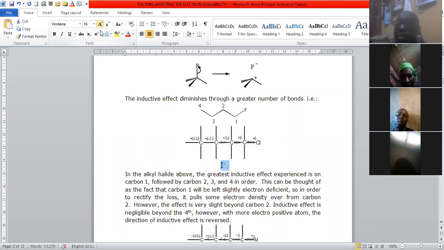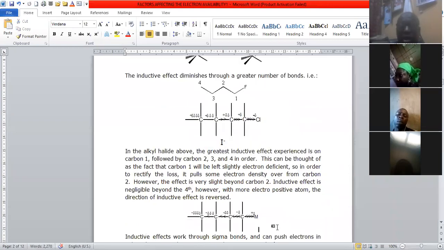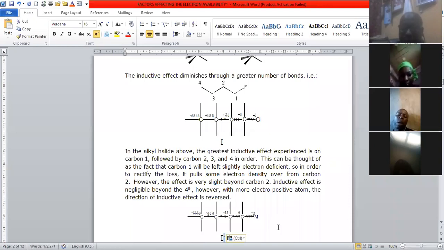I hope you can see it. So anywhere you see an I with a negative sign, it means you have a negative inductive effect. But for positive inductive effect, we also use I with a plus sign to represent positive inductive effect.